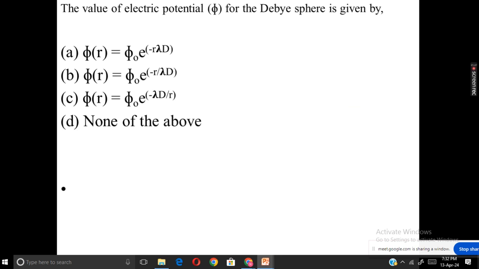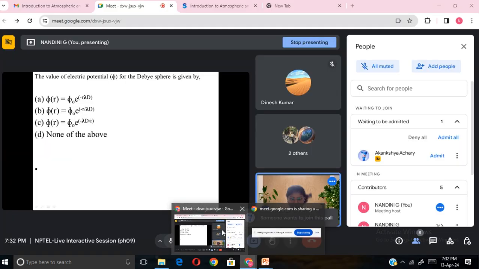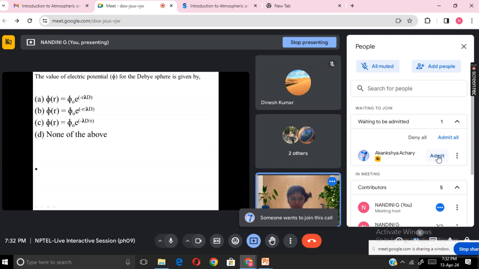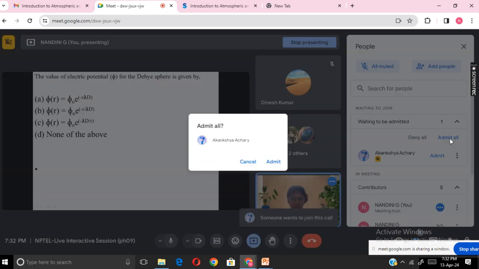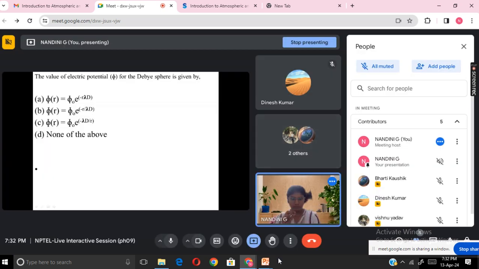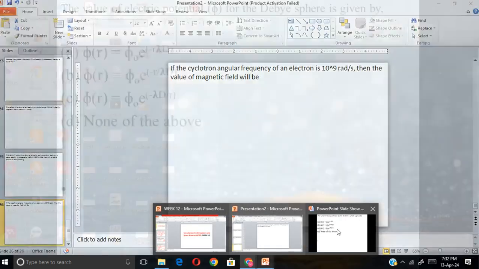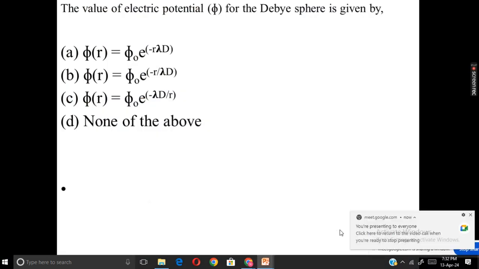The value of electric potential phi for the Debye sphere is given by.